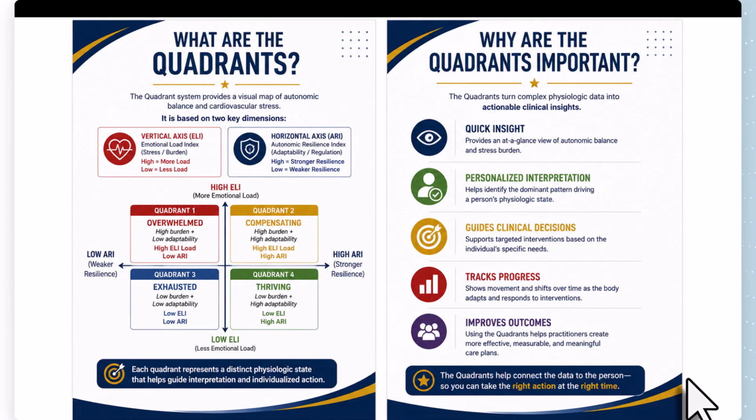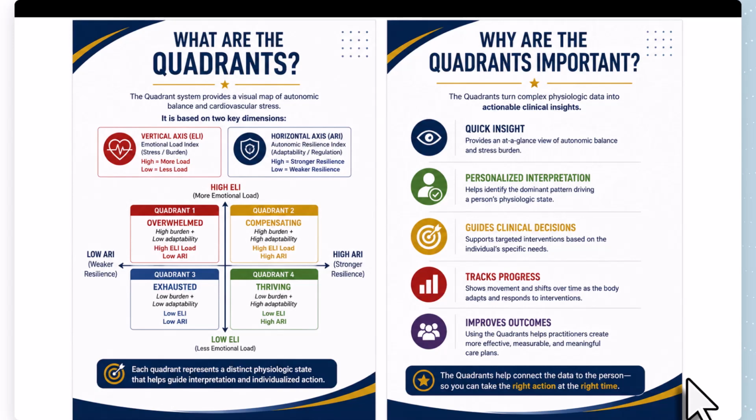And quadrant 2, wow, they have a really robust autonomic nervous system, but a high emotional load index. Quadrant 3, these people are exhausted, and we can break it down into 3 different stages of exhaustion. They have a low emotional load index and a low autonomic resilience index.